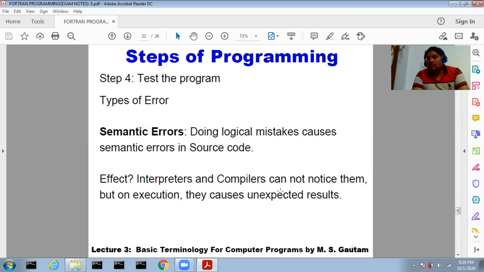If there is no logical error, our result will be accurate. If there are some logical errors, our output will be affected, and that output may be undesired. So while translating our problem into programming language, we have to keep in mind the appropriate logic, which is used at a particular place where it is needed.